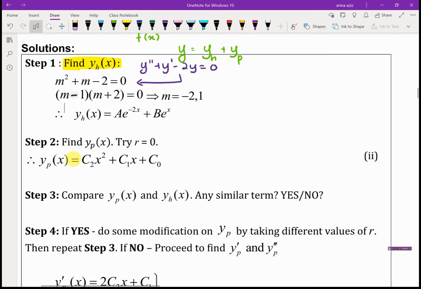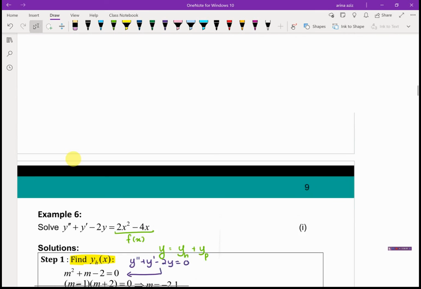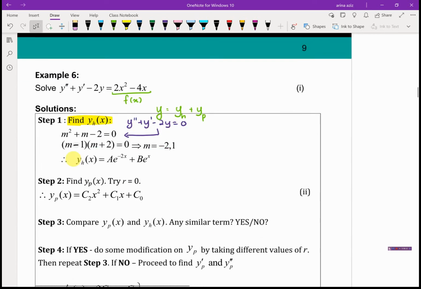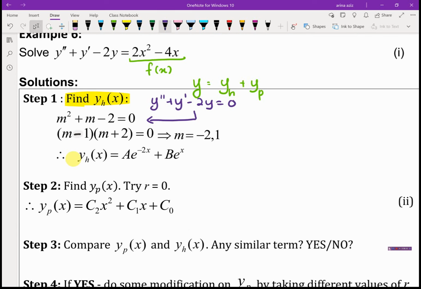First of all, let's look at the formula. Where is the formula again? It's on top there. Look at the formula, and we see the f(x), let me write down the f(x). The f(x) has the degree of 2, right? The highest degree is 2.